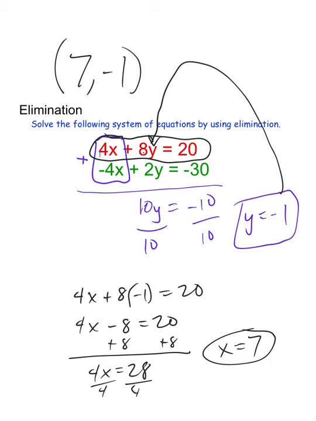For instance, if I wanted to put it back into the second equation, it would be negative 4 times 7, since x was 7, plus 2 times negative 1. Well, negative 4 times 7 is negative 28, and 2 times negative 1 is negative 2, so negative 28 plus negative 2 equals negative 30. Excellent, it worked. All right.